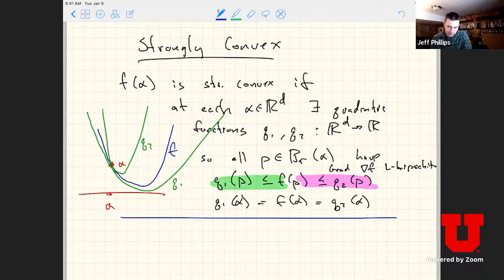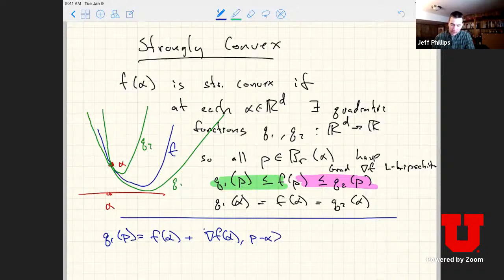Okay, remember, I basically want Q of P to be F of alpha plus this gradient at alpha, inner product with P minus alpha, plus some term eta 2, and this was P minus alpha squared, I think.